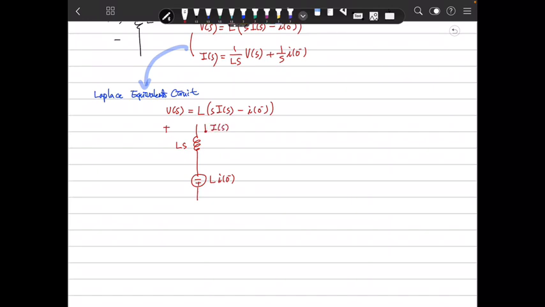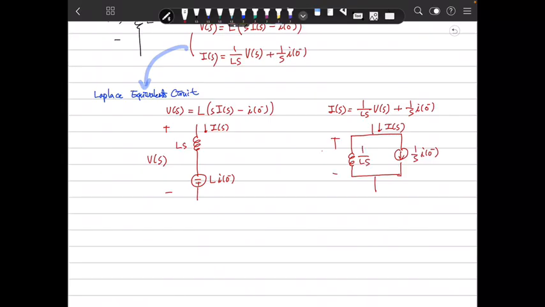This current is Is, and this voltage drop is Vs. From the other equation, Is was 1 over Ls times Vs plus 1 over S times the initial current. So the current is the sum over here of the inductance branch and a current source. There will be 1 over S times the initial current, this current is Is, this is 1 over Ls, and this voltage is Vs.